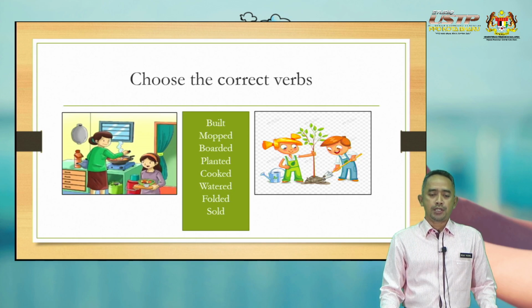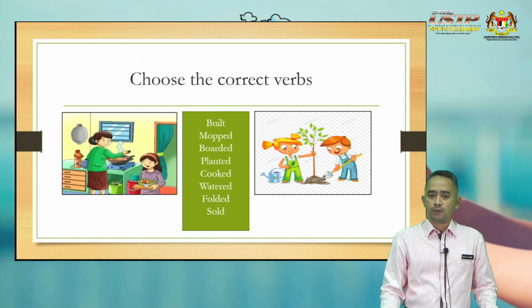Look at the pictures carefully. There are pictures on the left, a woman and a girl. What are they doing? Then there is the second picture. Try and think, what are they doing?